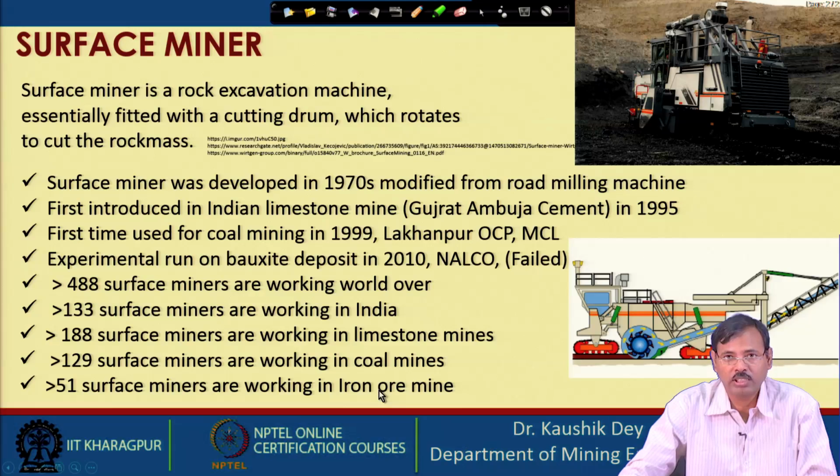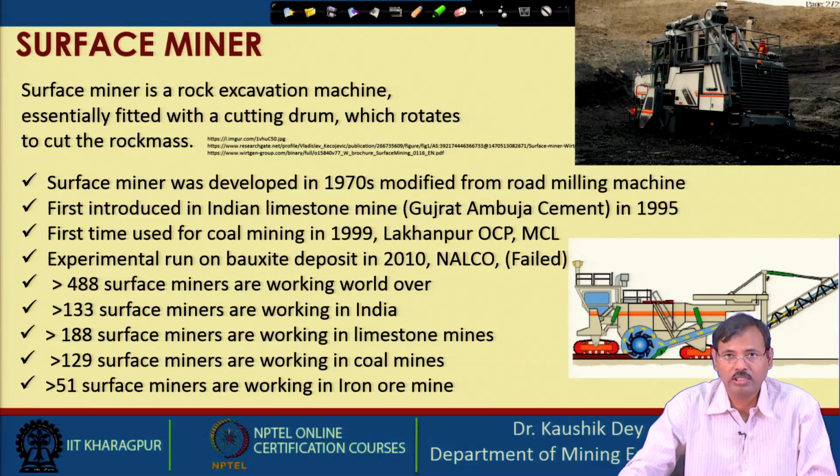So, it has been found that surface miners are applicable with strong deposits like iron ore also, and most of these belong to Australian iron ore mines. That means surface miners are applicable from soft rock to hard rock, depending on the formation characteristics.